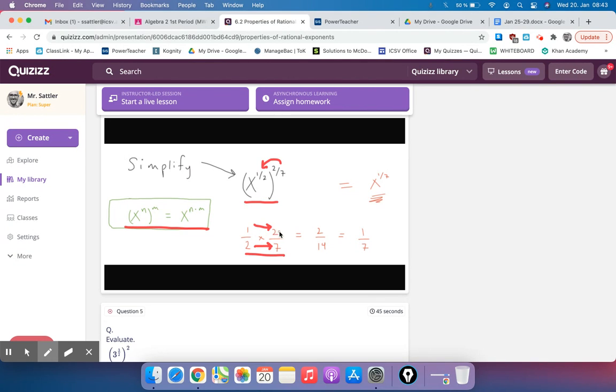You can also cross-cancel these twos. If they have something in common, you can cancel them out, and then they become ones. So then we just have 1 over 1 times 1/7, which of course is just 1/7, and that goes back in the exponent. We keep this same base, whatever it is, and then the power goes up there.